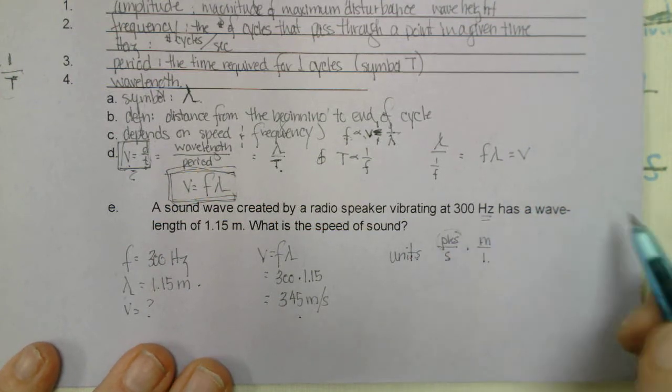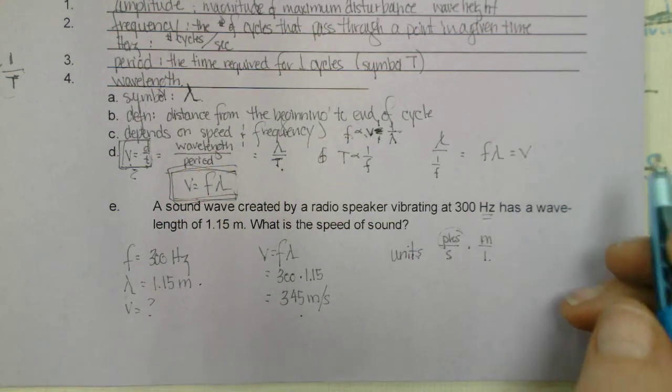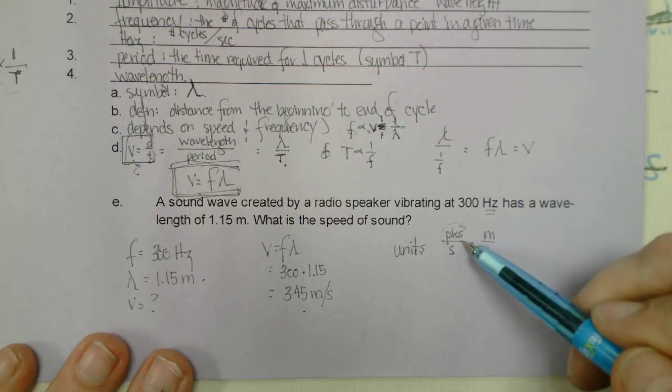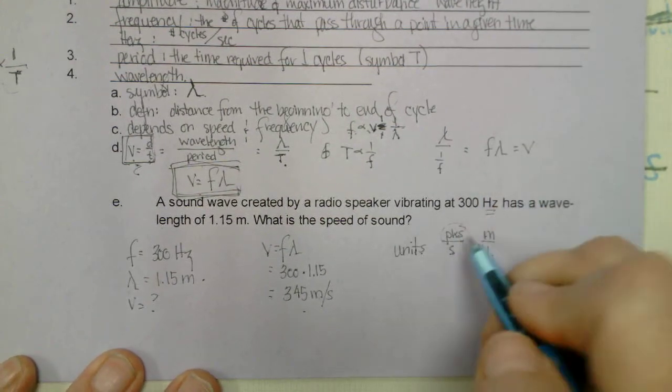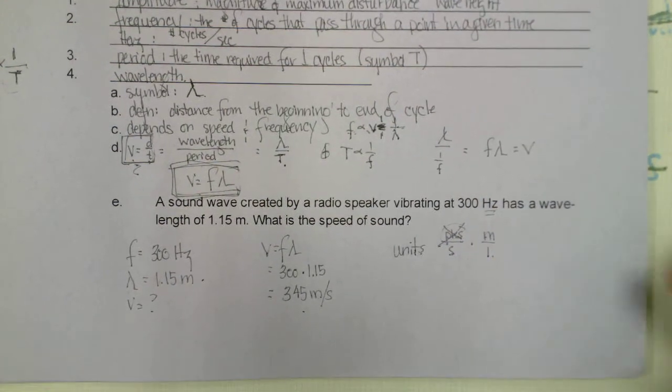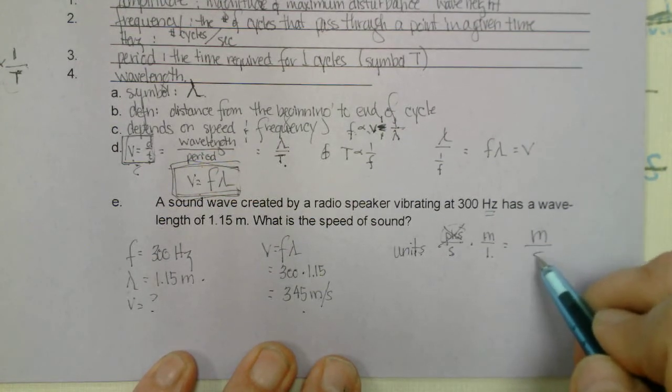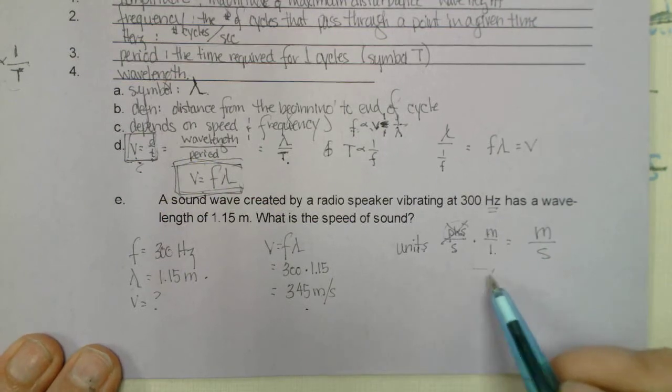But peaks is a counting number. It's not an actual unit. It's like saying I have 10 apples. Is apples a unit? No, apples are not a unit. It's just that I have counted that many things. Peaks is a counting number. It is not a unit. So that cancels out in terms of my units, and I'm left with meters per second. So that's how I was able to get to that.